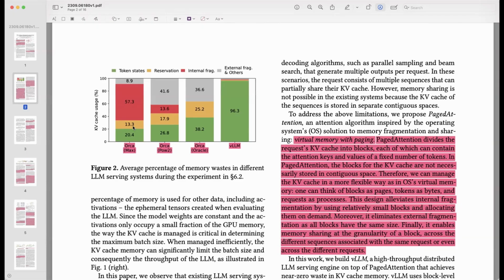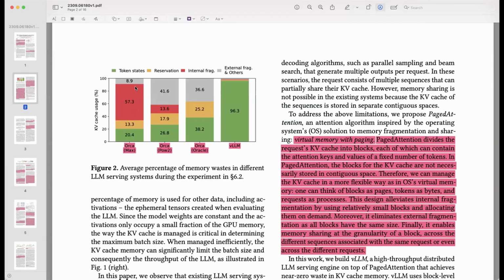As you start decoding, you don't know how much memory you need. How long will you keep on generating tokens until you reach the end-of-sequence token? So you need to allocate memory per request for the KV cache, and this is the extra memory they allocate. The red is what they call internal fragmentation.